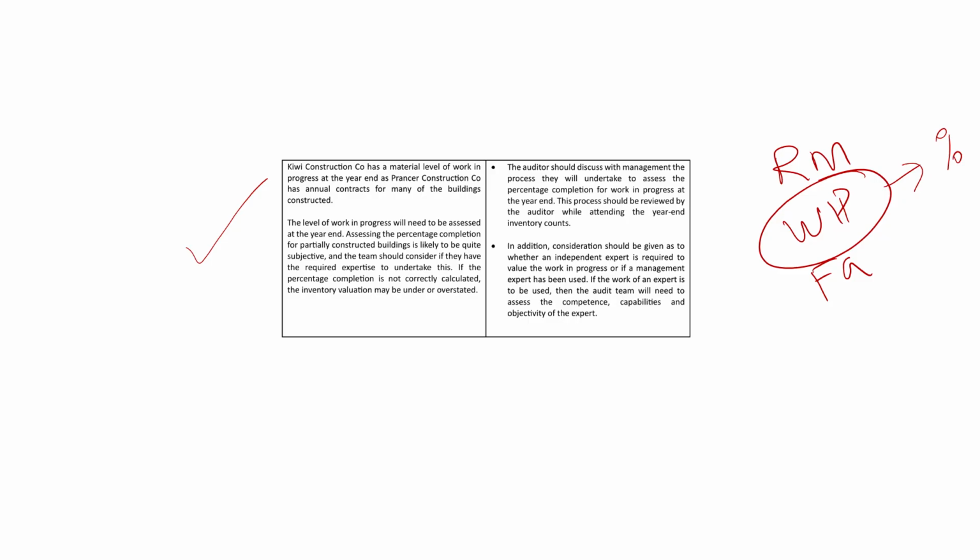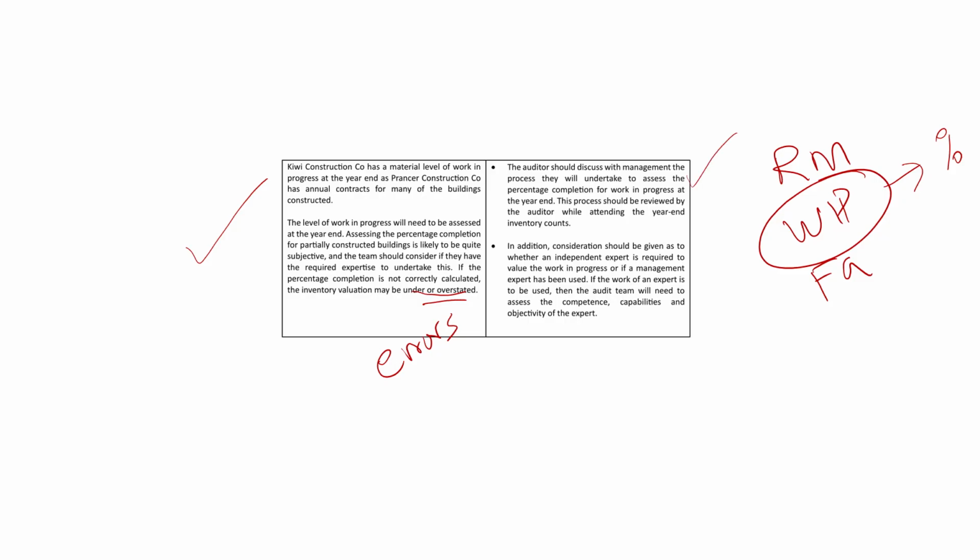There's a bit of judgment involved in percentage completion. My risk here is regarding errors or misstatement. Because this requires judgment, it is complex, and my concern is they might not be estimating the percentage completion properly, which could affect the work in progress balance at the year end.